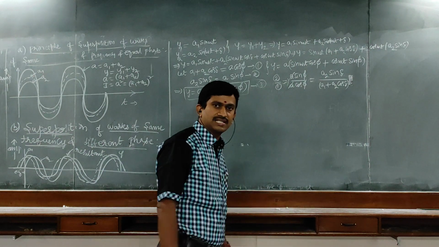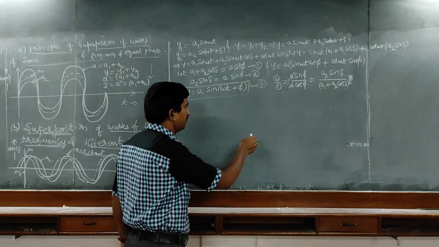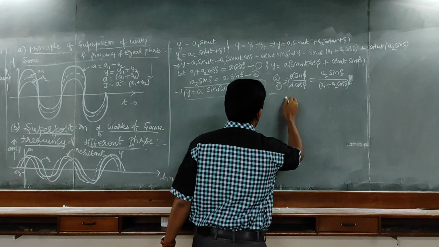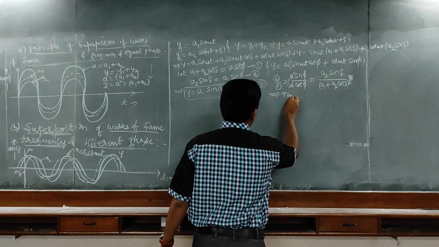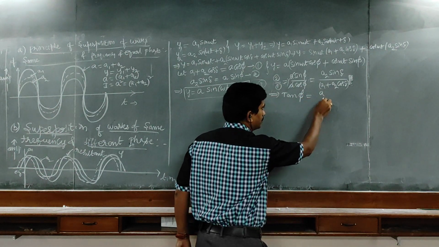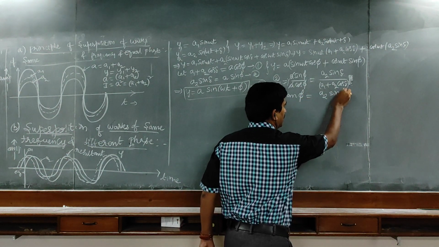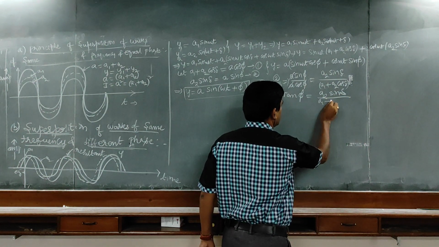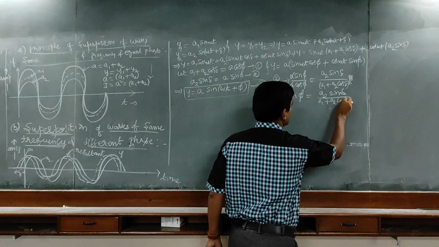A will get cancelled, so we are only left with tan phi is equal to a2 sin delta divided by a1 plus a2 cos delta.